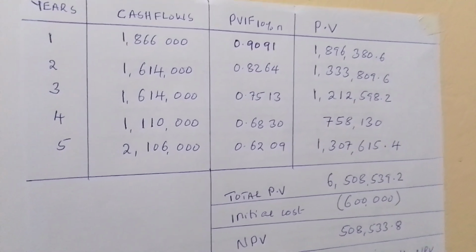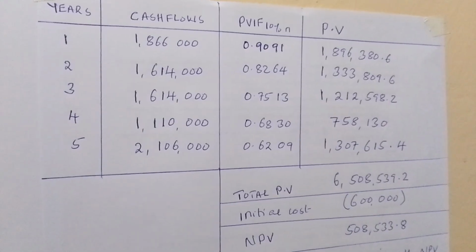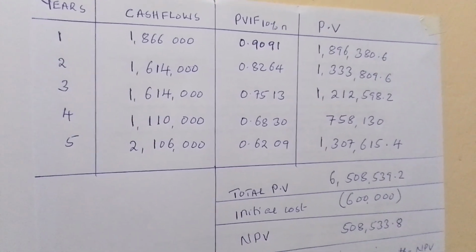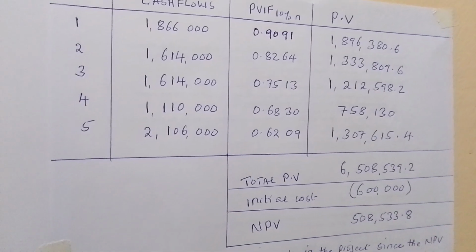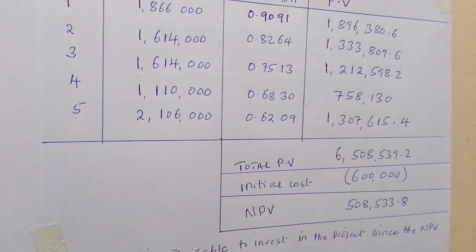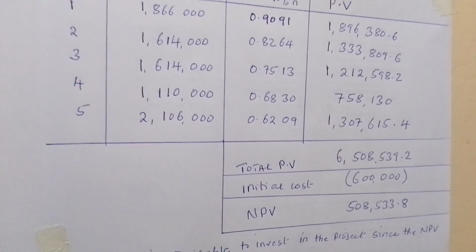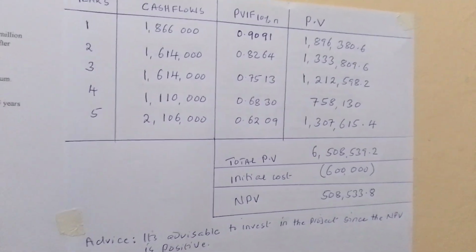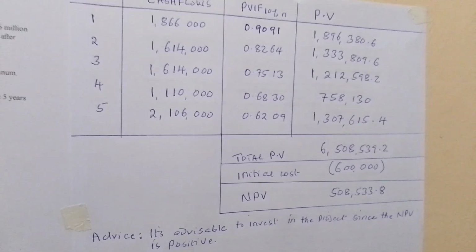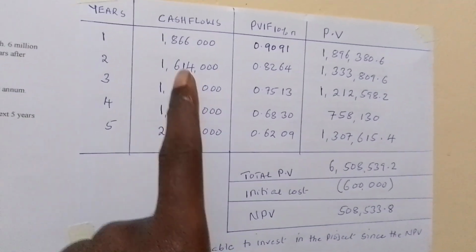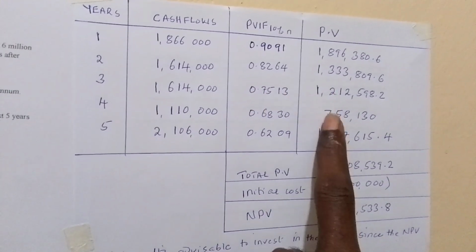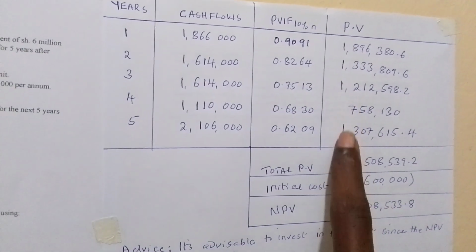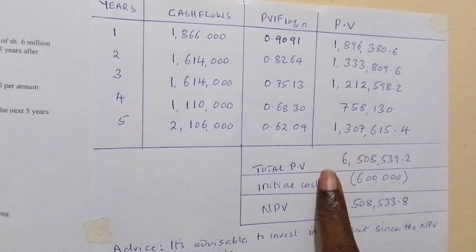You multiply the others: 14,000 times 0.8264, you get 1,333,809. The next 14,000 times 0.7513, you get 1,212,598.2. All the way, you're just multiplying these cash flows by present value interest factors to get the present values. Sum them together to get the total present value.